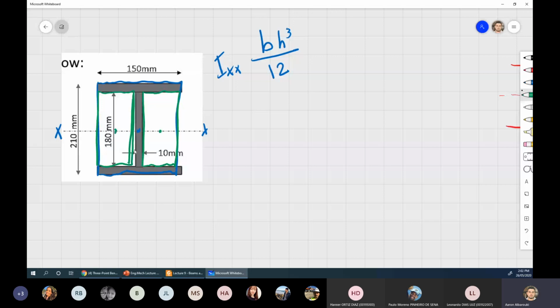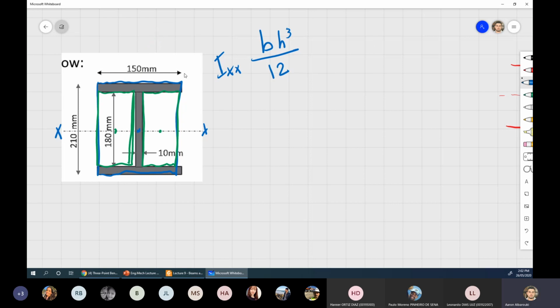So if I say the large rectangle, bh cubed on 12, minus 2 multiplied by bh cubed of these two on 12, that will be correct. Let's choose the other color.